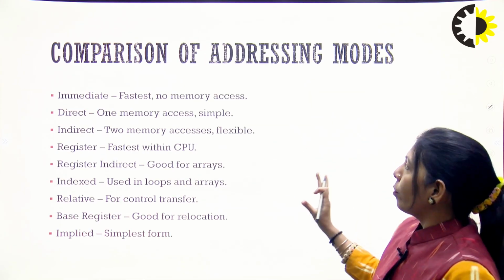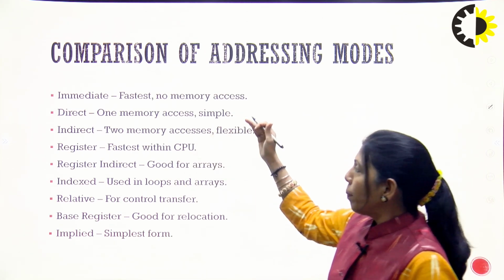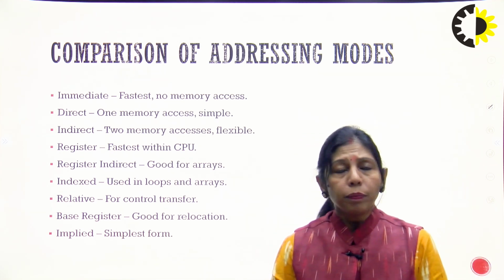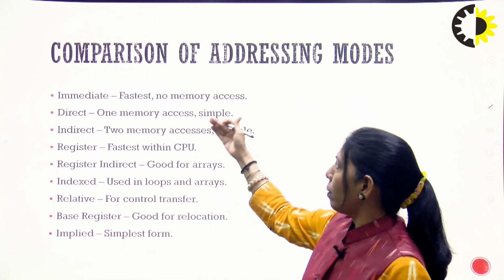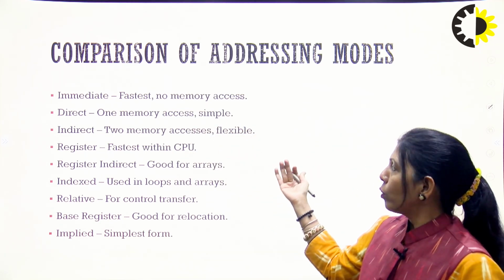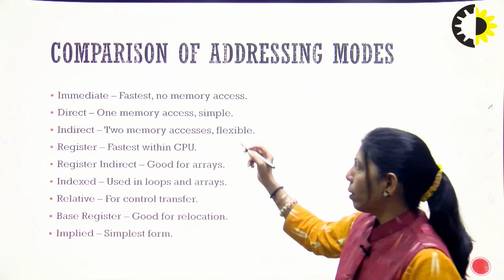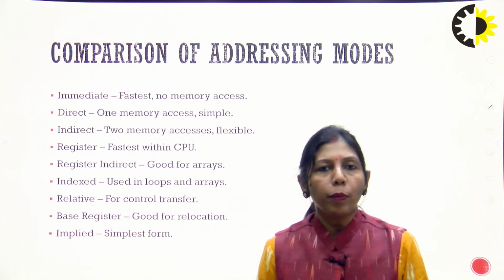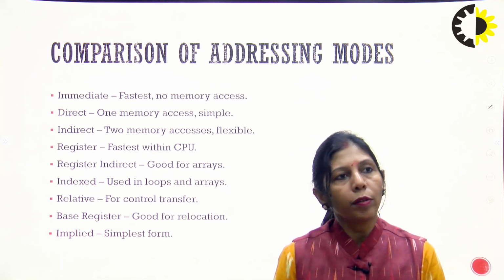These addressing modes are different from each other as per the requirement. Some are fast, some have one memory access, some have two memory accesses, and some are fastest within the CPU, good for arrays and looping, depending upon the situation, as I have already explained.